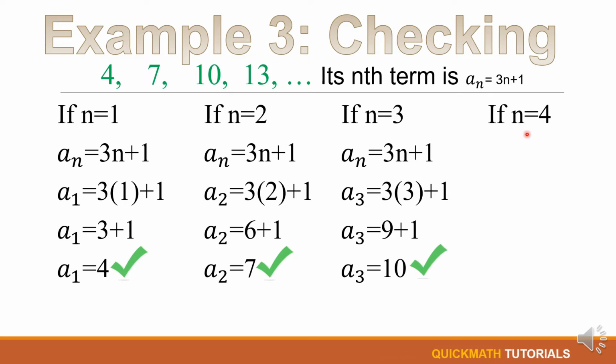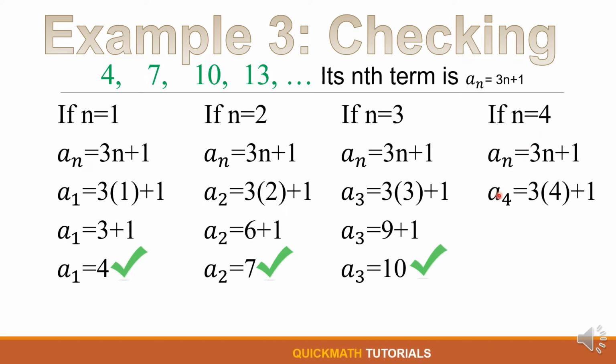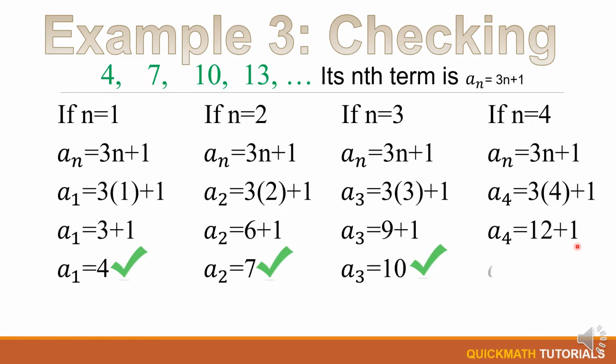Now, for our last term, we have the fourth term, a sub 4. So our n here is 4. We substitute n by 4. So we have 3 times 4 plus 1. 3 times 4 equals 12, plus 1 equals 13.